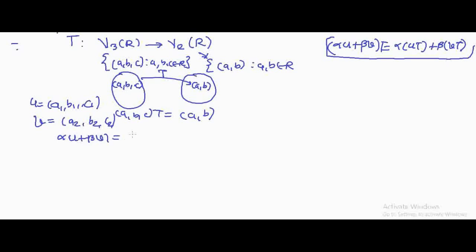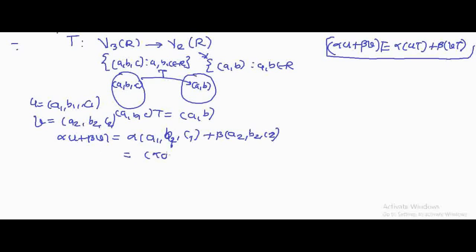Alpha times (a1, b1, c1) plus beta times (a2, b2, c2). This is another element.